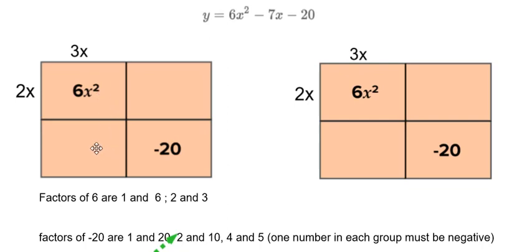Now, given that, we wanted to know some factors that would get us to this negative 20, because whatever we have here multiplied by what we have here is going to give us the negative 20. Keep in mind, these two values are going to have to add up to equal my middle value, the negative 7x. So again, I have my squared value, my constant value, and then my x values that will come out.